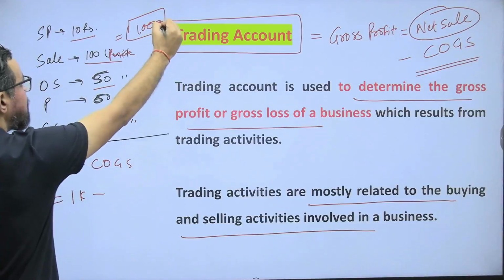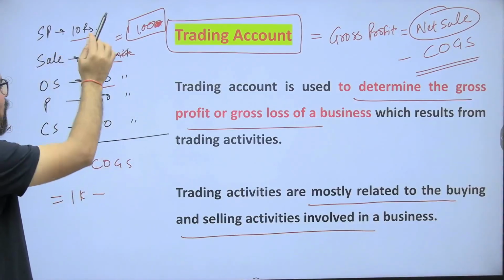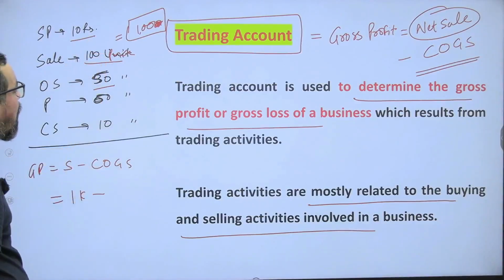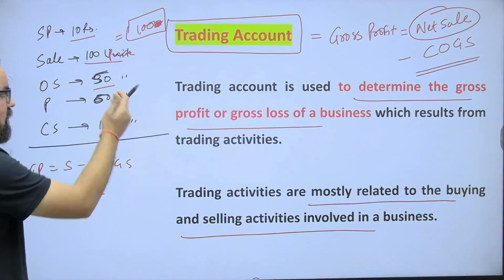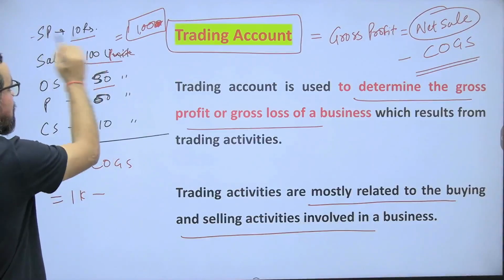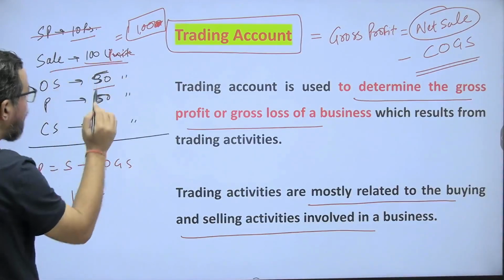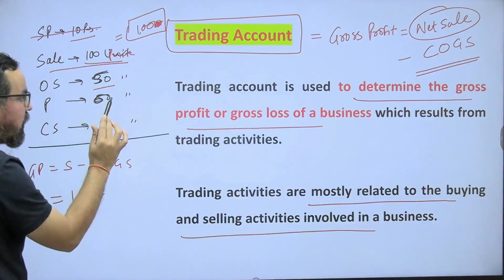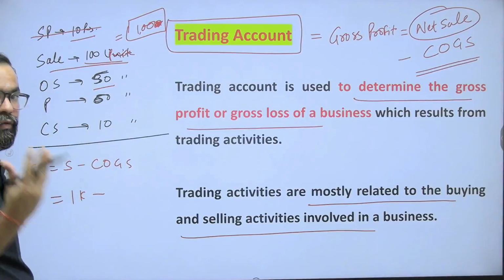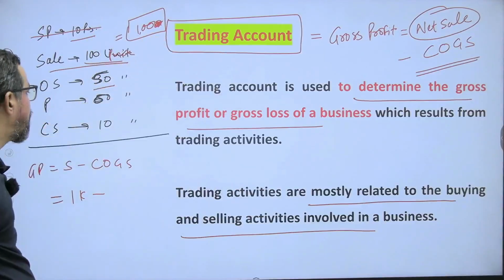I made some mistake, so we have to ignore the selling price to calculate the sale, or else we have to multiply all these by 10. So let's ignore this one and keep it simple. Your sale is 100, your opening stock is 50. It is in terms of monetary value. If you solve it that way, you have to multiply all by 10.